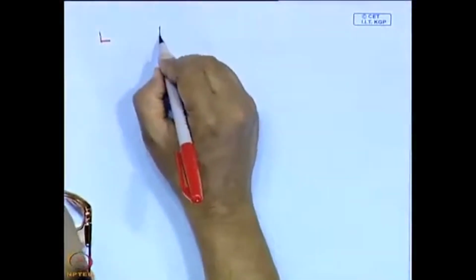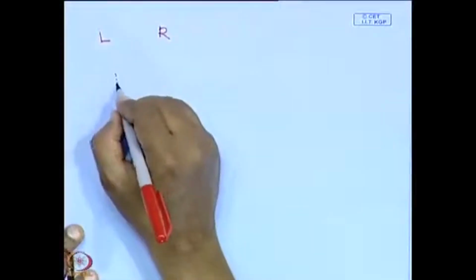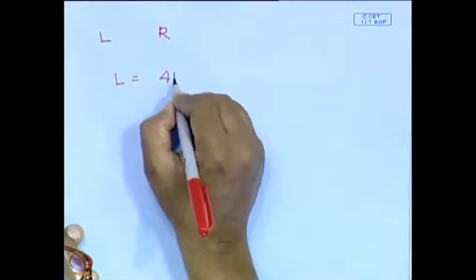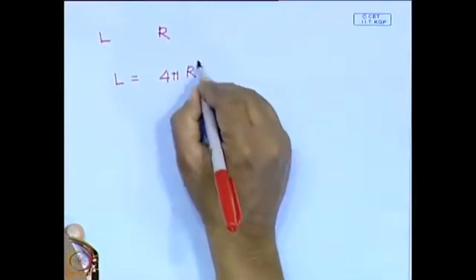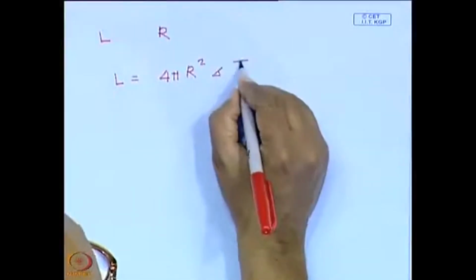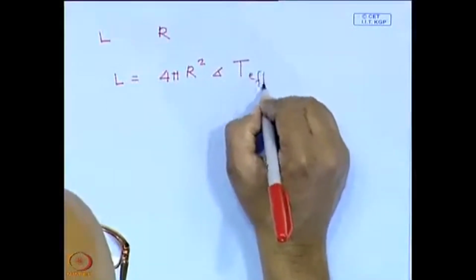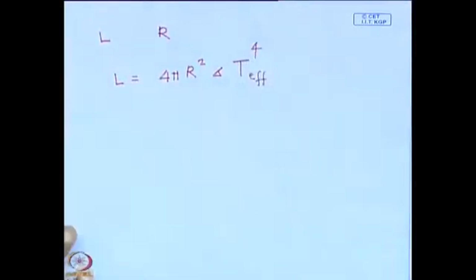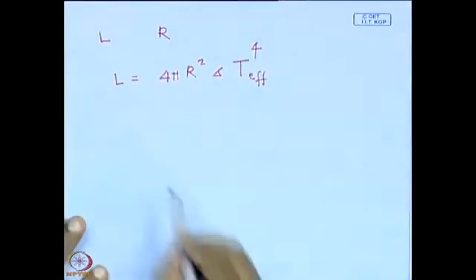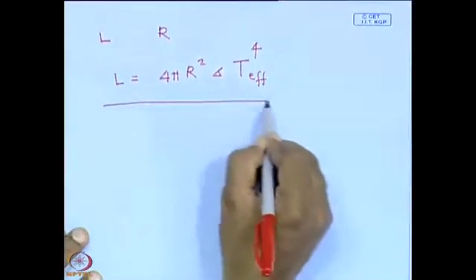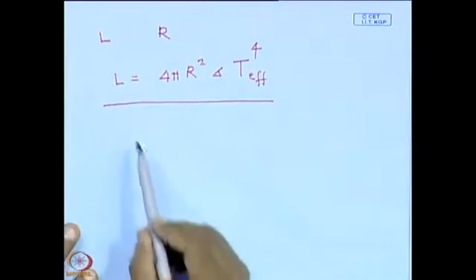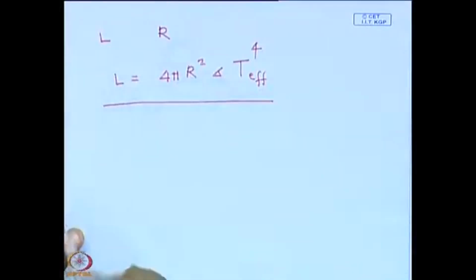Given the luminosity and the radius of any star, you can define what is called the effective temperature, and we have already discussed this for the sun.